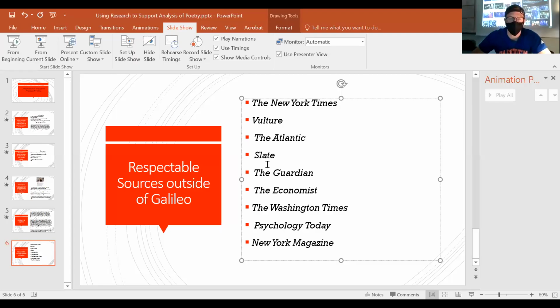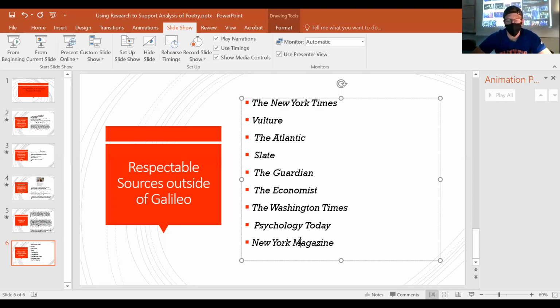There we go. All right, so the New York Times is good. Vulture, The Atlantic, Slate, The Guardian, The Economist, Washington Times, Psychology Today, New York Magazine. If you find articles in any of these sources, you can use those. They're not peer reviewed because there's no experiment to be conducted, but they are edited and they have an editing board and paid sponsors, and none of them lean too far left or too far right.